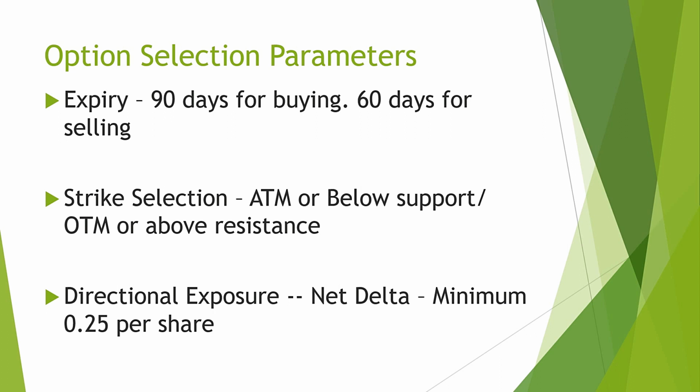They give fast moves and better liquidity. So if we are looking to buy call options in a demand or buying area, we should buy at the money strike or a strike below the support level to get the best outcome.